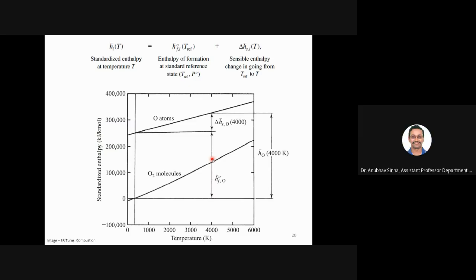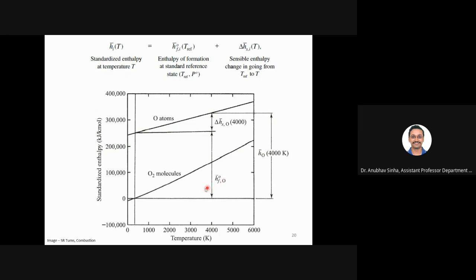Now let us look at this equation in a graph, what we have already discussed. The standardized enthalpy at temperature T. Let us say I have O atom at this temperature, around 4000 Kelvin. This total is the standardized enthalpy at temperature T, from the reference state to that temperature, that is the standardized enthalpy at 4000 Kelvin.